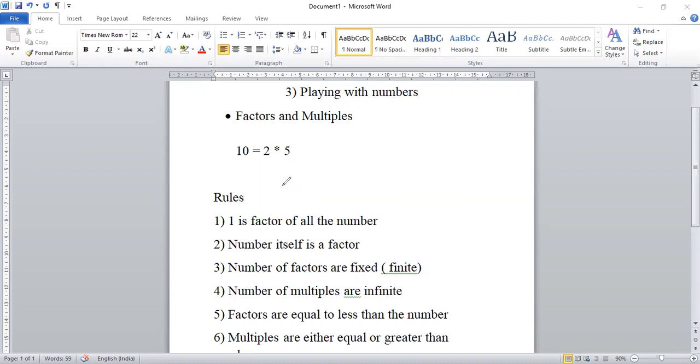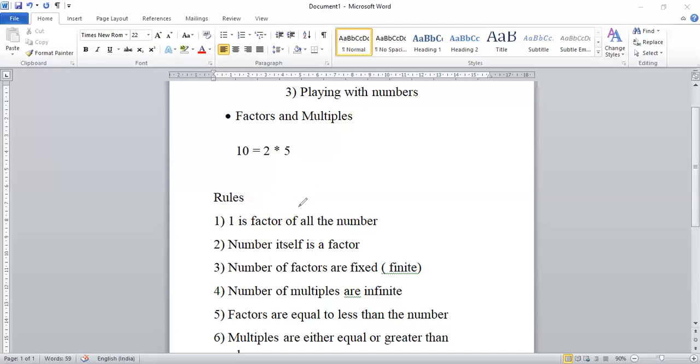Whatever number we multiply by 1, we get the answer as it is. If we multiply 100 by 1, we get the answer 100. So 1 is a factor of all numbers. This is very important. Remember, 1 is a factor of all numbers.